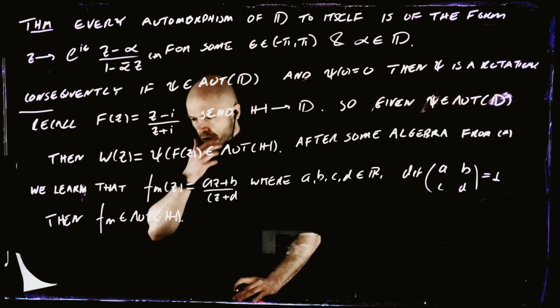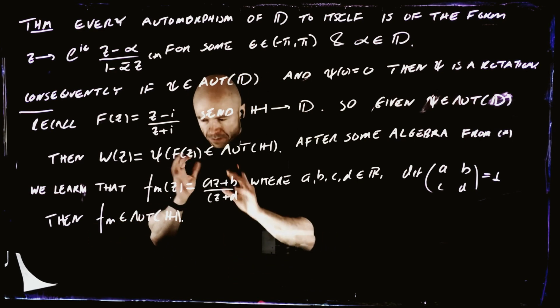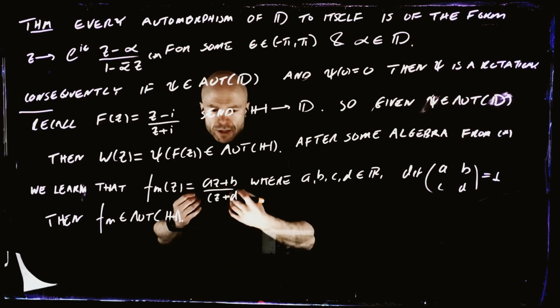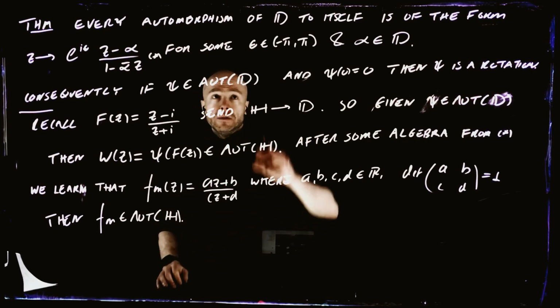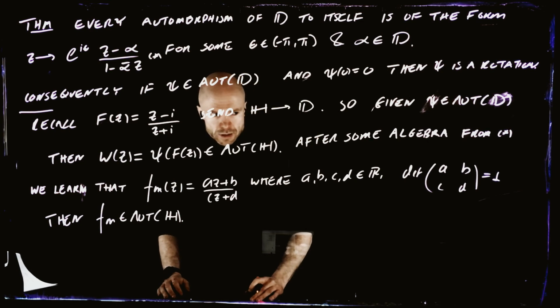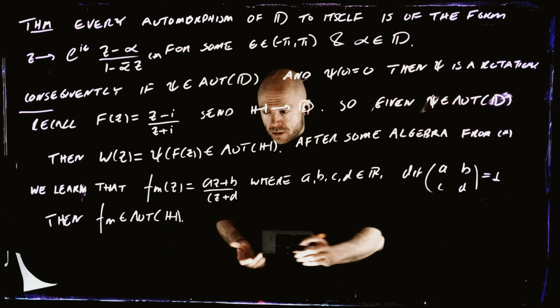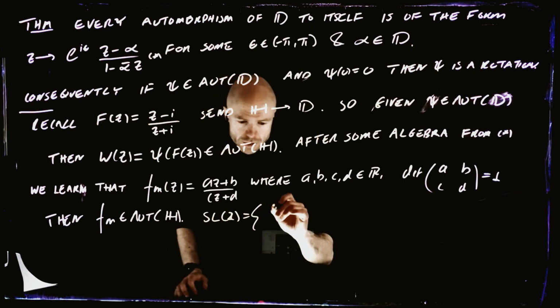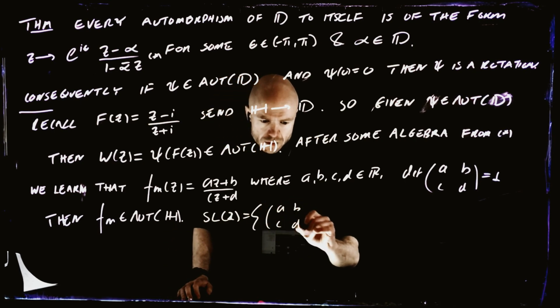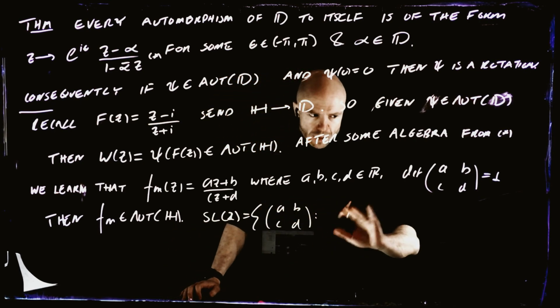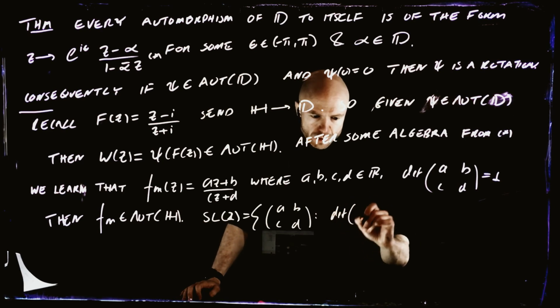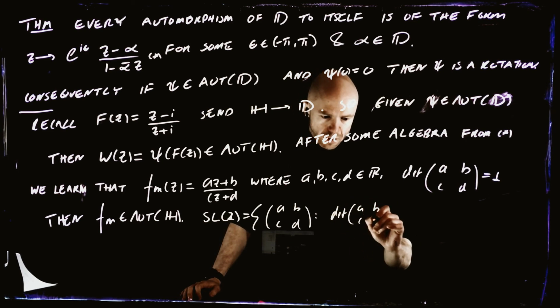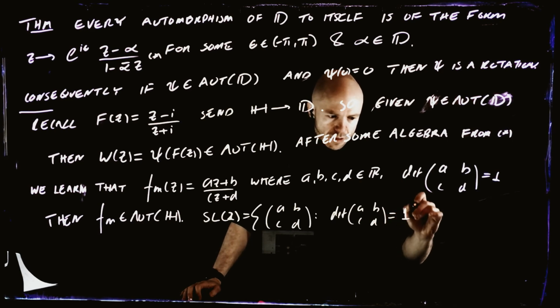So what does that mean? That means that we're getting a very solid handle on what this group of automorphisms actually is, because this thing here, SL2, the set of matrices A, B, C, D, where the determinant of A, B, C, D equals 1, is a special linear group.